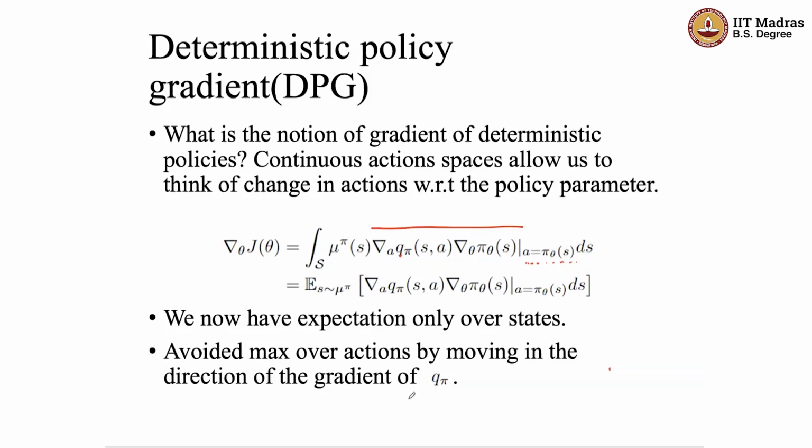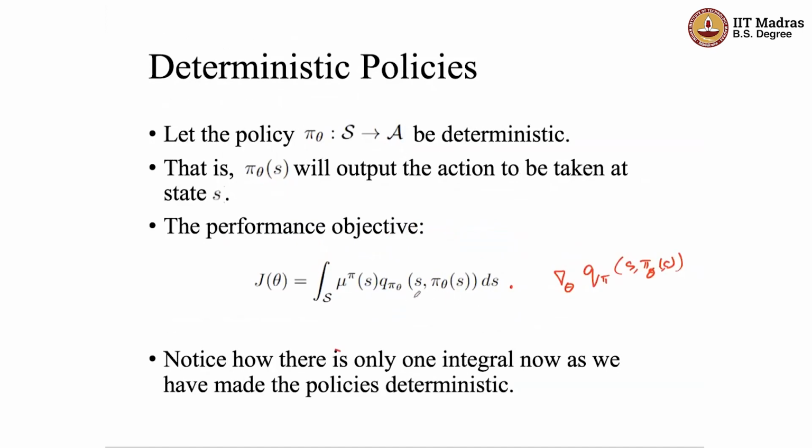In fact, one way of thinking about it is we also avoided taking a max over actions by moving in the direction of the gradient of q pi. Ideally, we should have replaced it with the max possible action if I'm doing policy improvement.